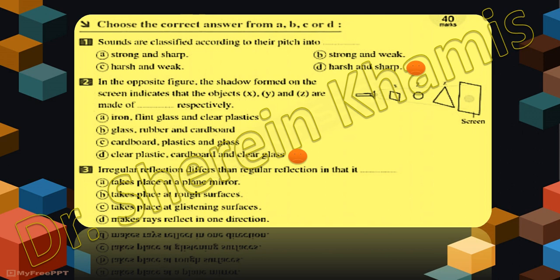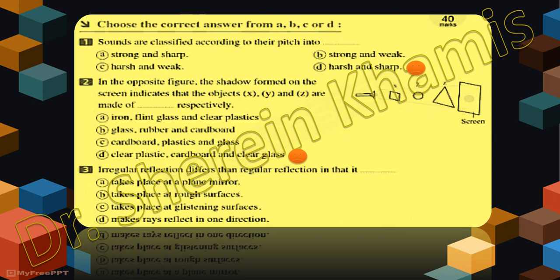Okay, let's go to question 3. Irregular reflection differs from regular reflection in that, takes place on a plane mirror, takes place at a rough surface, takes place at a glistening surface, or makes rays reflect in one direction.